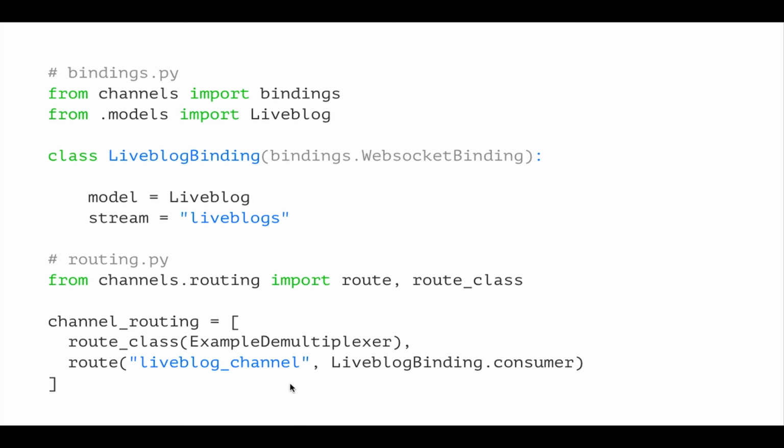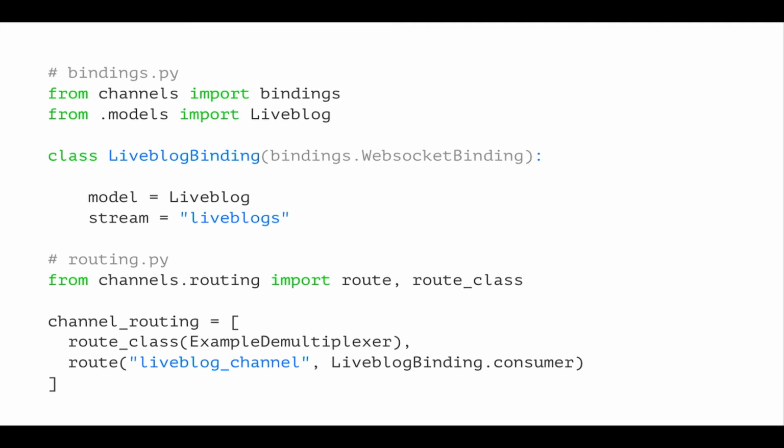We have the demultiplexer here, because the demultiplexer is required. Then we define a route here, giving it the channel name, which, if you remember the mapping, we had live blog channel. Then we give it our consumer class. Consumers are the only thing that can consume a channel, and what the binding class does is expose a consumer.